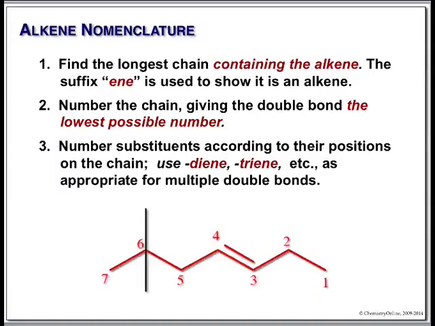Therefore, this is carbon 1. We have 2 methyl groups here at carbon 6. So we're dealing with a 3-heptene with 2 methyls at carbon 6. See how simple that is?